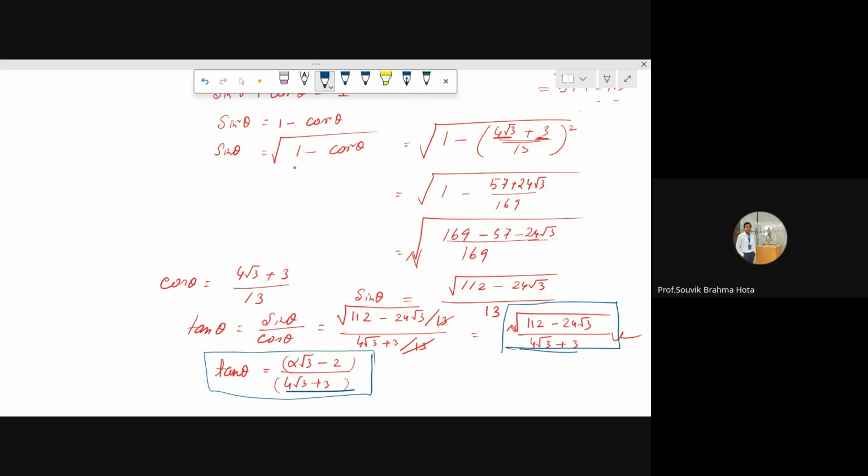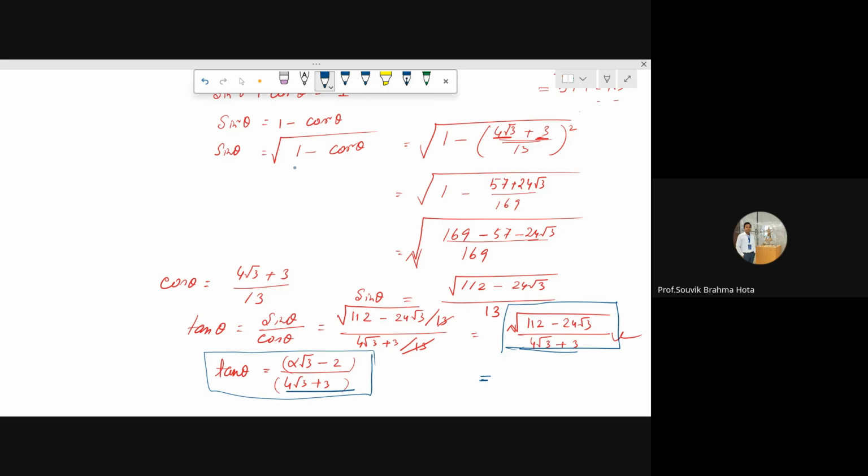Simply, just do the square root part first. What will it be? So that up portion, square root of 112 minus 24 root 3. If you do it properly, you just solve that portion. 112 minus 24 root 3. What part can you consider for that?